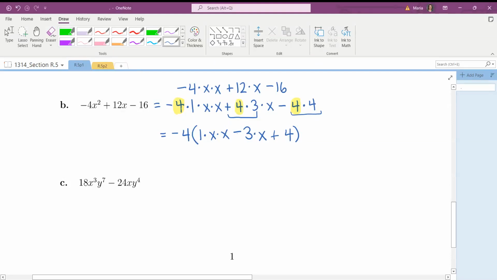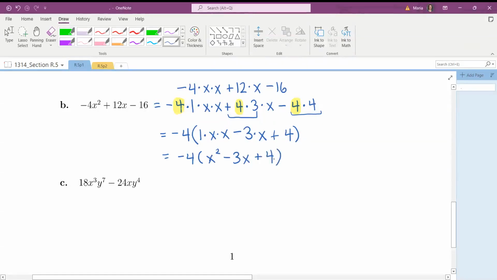And then factored it this way. If I clean this up, I'm going to get negative 4 times x times 1 is x squared minus 3x plus 4.